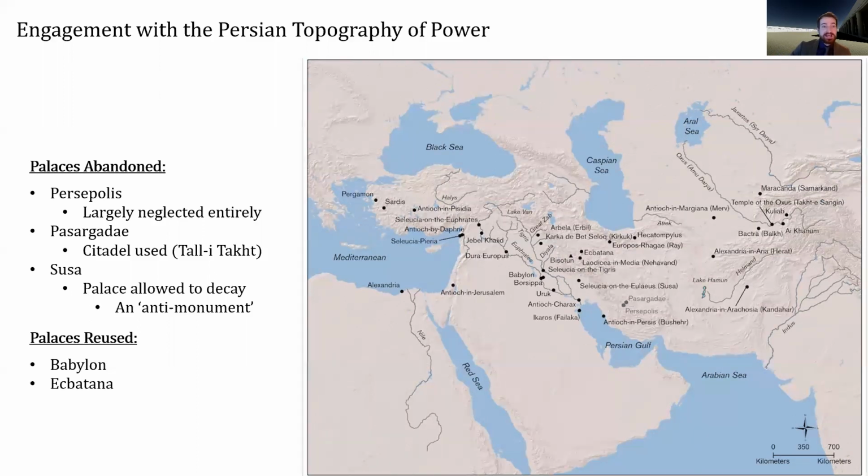With Susa, they essentially allow the palace to decay. So that large Apadana mound, they allow it to fall into disrepair. And they come in and take over the lower parts of the site so that, as we'll see on the site plan later on, they basically use the Apadana of Susa as this massive anti-monument, as they let it decay, and it kind of shows the decay of the Achaemenid state and Achaemenid power and the rise of Seleukid power.